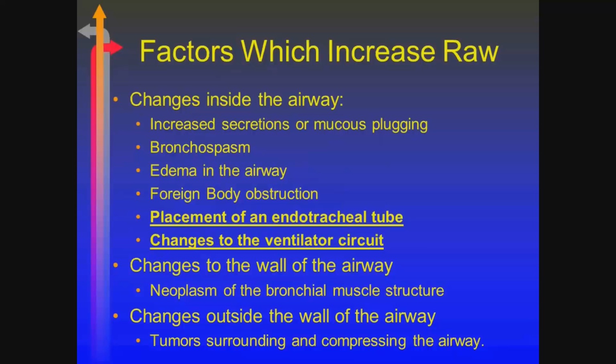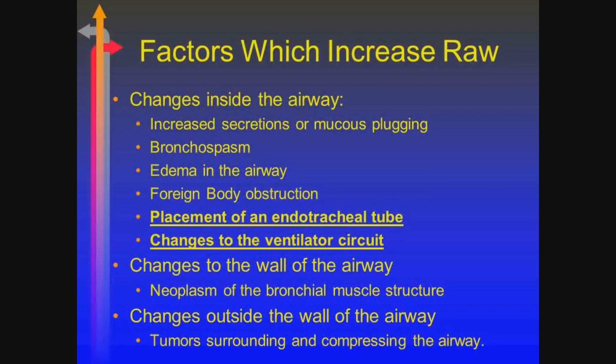Some of the things that can cause that you should be aware of: primarily we think of bronchospasm or some other cause of the airways being narrowed, increased secretions, increased edema, but it also can be a foreign body obstruction. Simply placing it in the tracheal tube narrows the diameter of the airway. And there's also things that we can do to the ventilator circuitry.